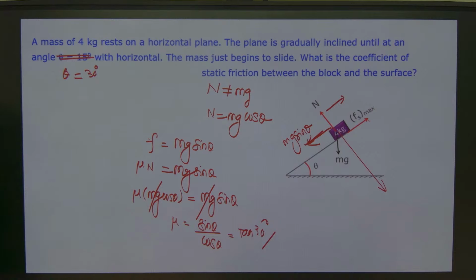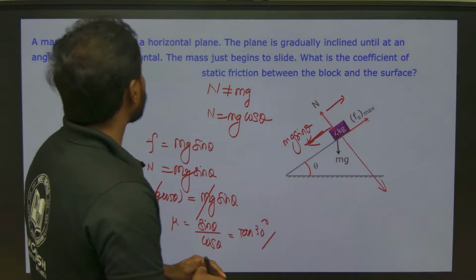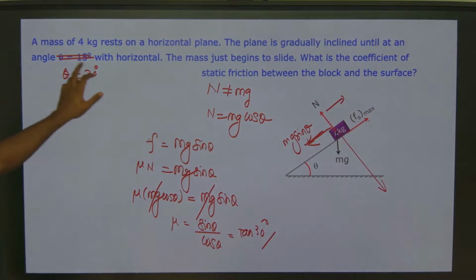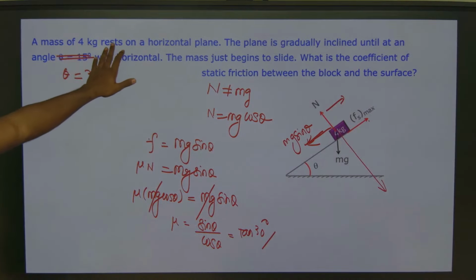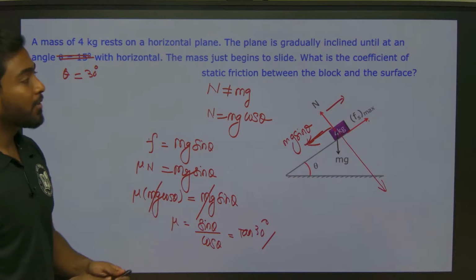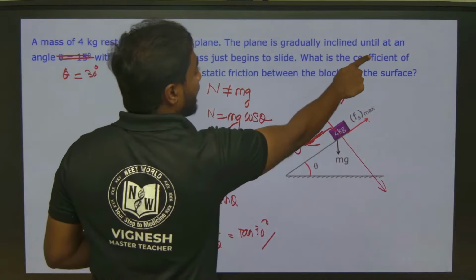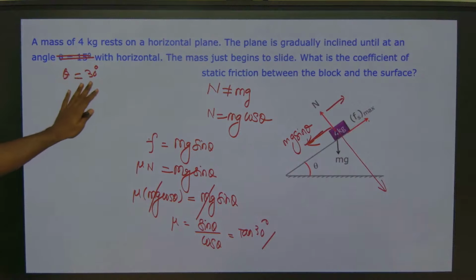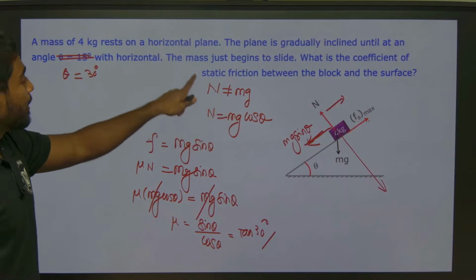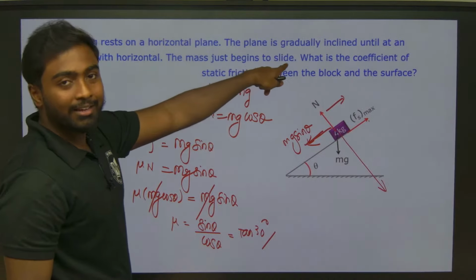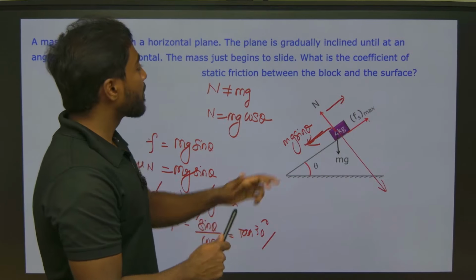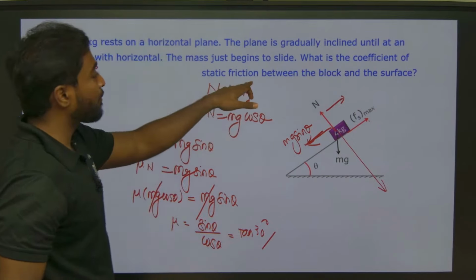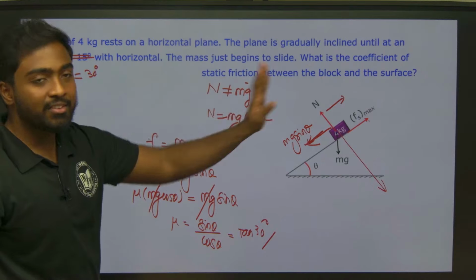Okay, repeat the process. Here what they are saying is a mass of 4 kg at rest on the horizontal plane. The plane is gradually inclined until an angle of 30 degree with the horizontal, the mass just begins to slide. What will be the coefficient of static friction between the block and the surface?